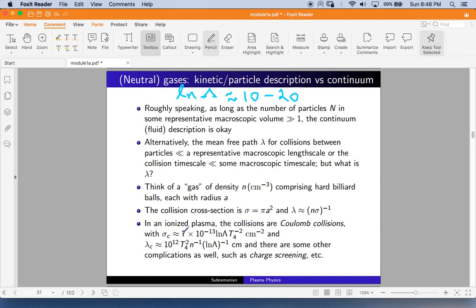By the way, this is for collisions between like species. The cross section for collisions between unlike species is again different. So just to point out that there can be different kinds of collisions, and we do need to be very aware of Coulomb collisions when we are talking about charged particles.